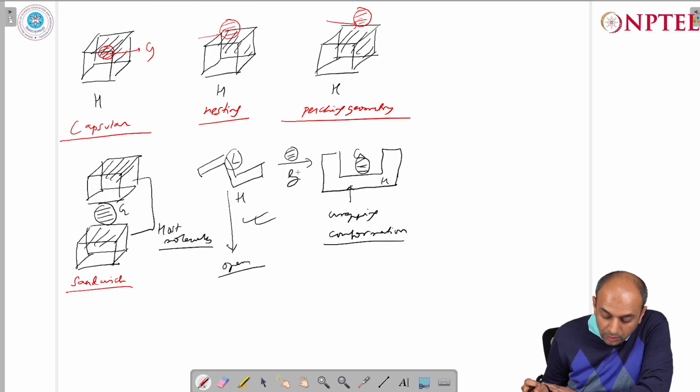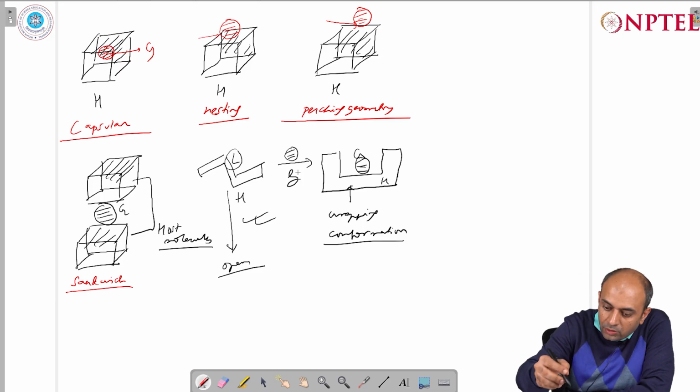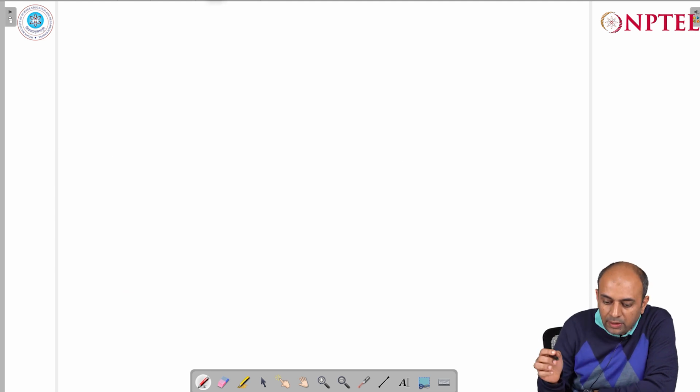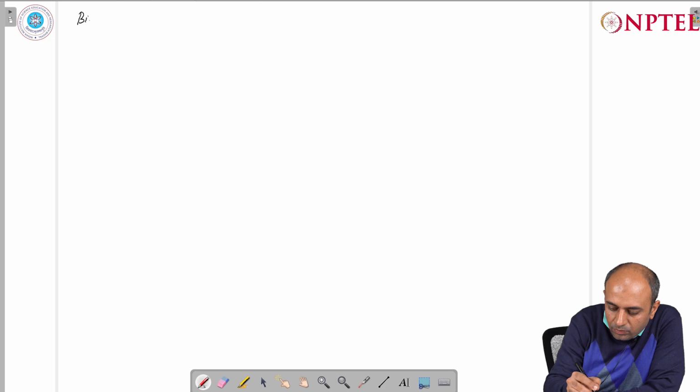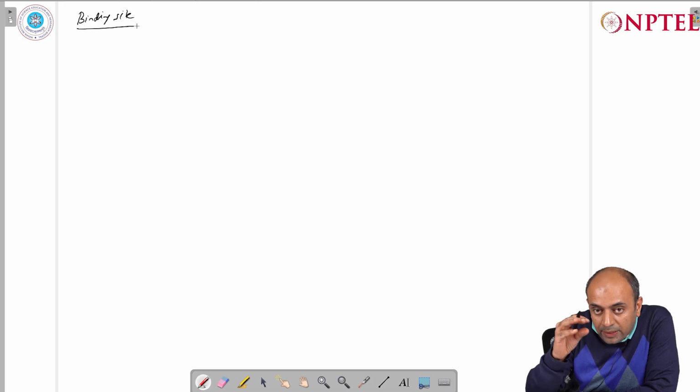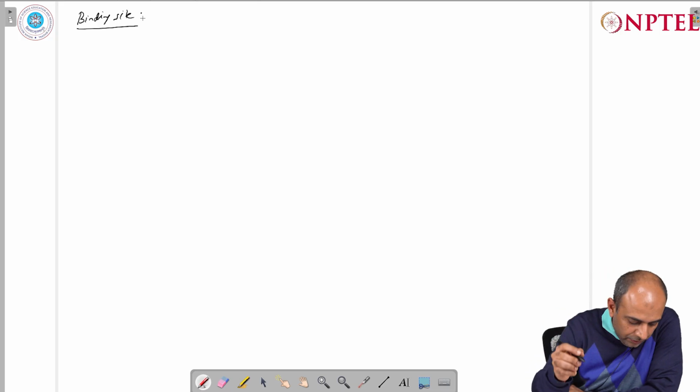Now, when you have this host guest chemistry which is operational, it is also important to talk about what is a binding site. There are different kinds of binding sites which are present in the host molecule, and the guest molecule would like to come and coordinate and interact with these binding sites. So, what is a binding site by definition?